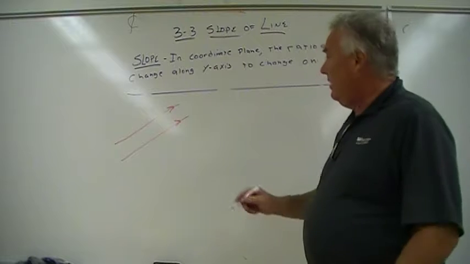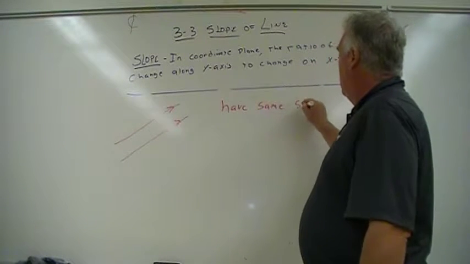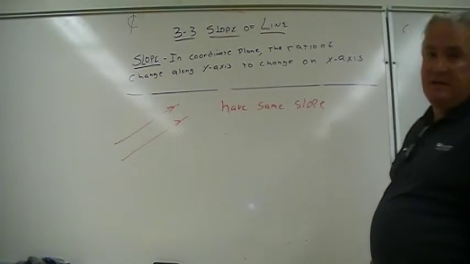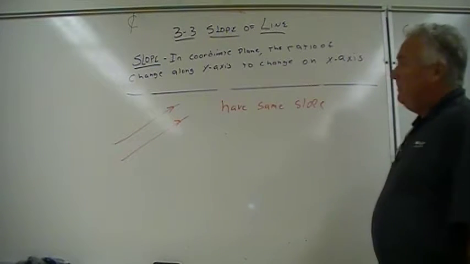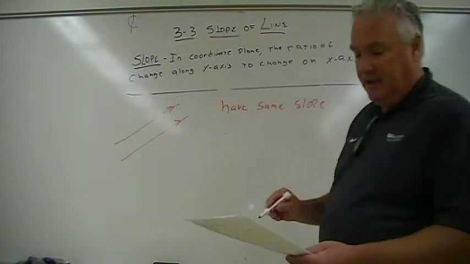The slopes of parallel lines have the same slope. Okay, they have the same slope. You learned that in Algebra 1. Here's an example.